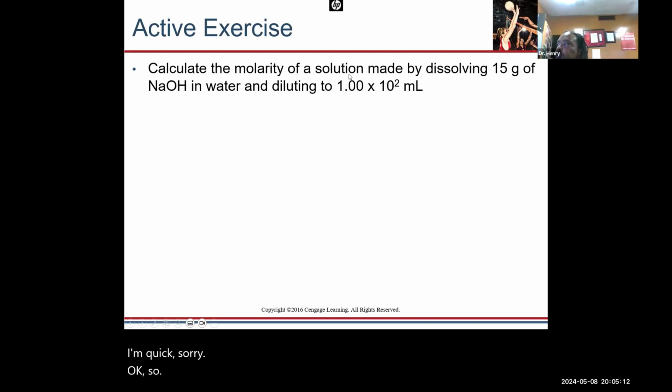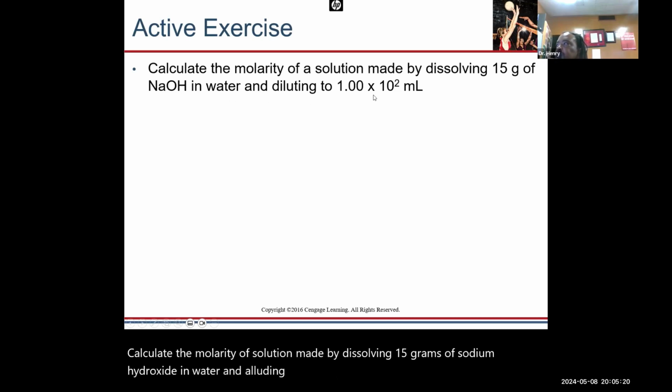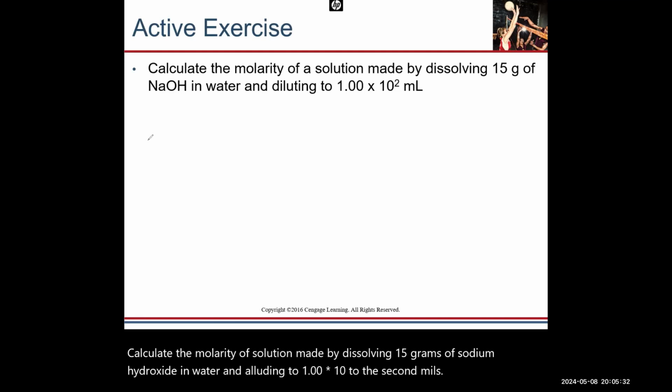Calculate the molarity of a solution made by dissolving 15 grams of sodium hydroxide in water and diluting to 1.00 times 10 to the second mils. All right.